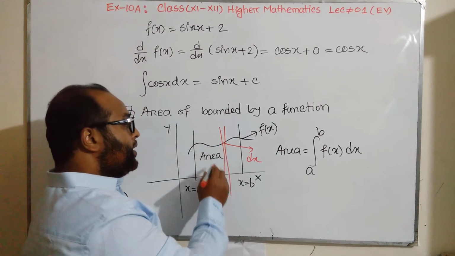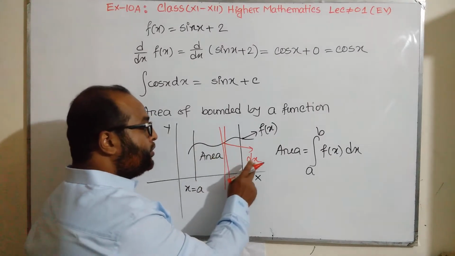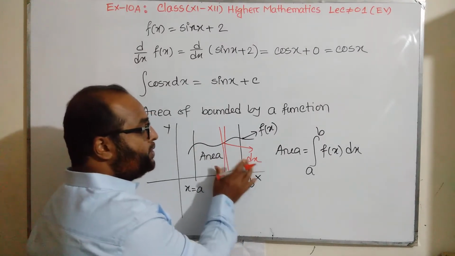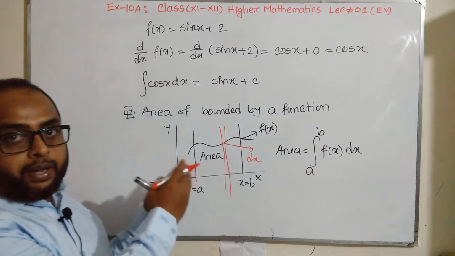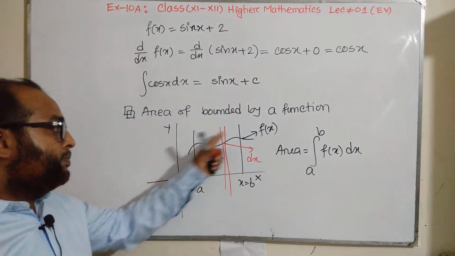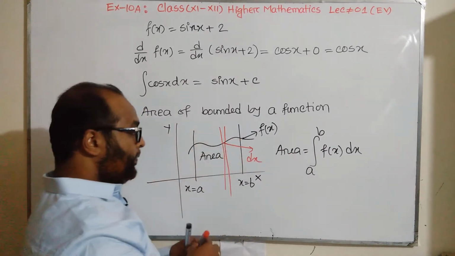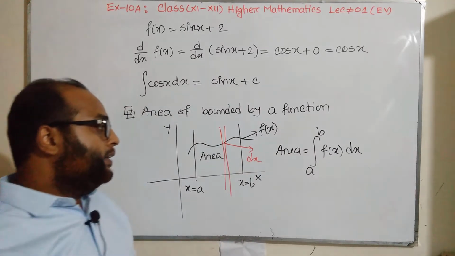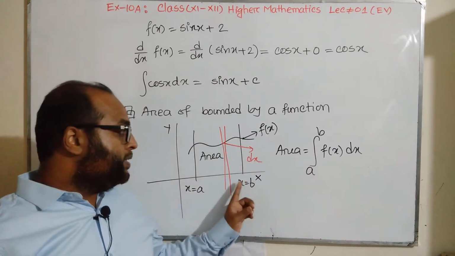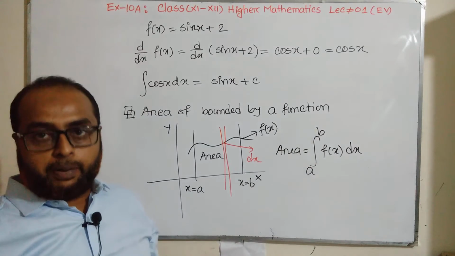For this reason, the summation of all dx of this function is the area bounded by this function. Here a is the lower limit and b is the upper limit.